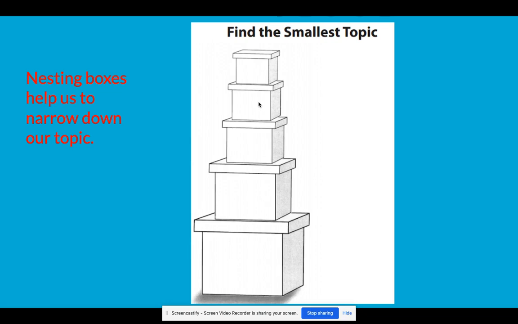And technically, if you take the lid off, they would fit all right inside of each other. But I want you to think about nesting boxes when we want to find a smaller topic. Because if we start with a big topic like dance, well, we can ask ourselves some questions to start narrowing down what specific type of dance I can really teach someone how to do. So let's take a look.